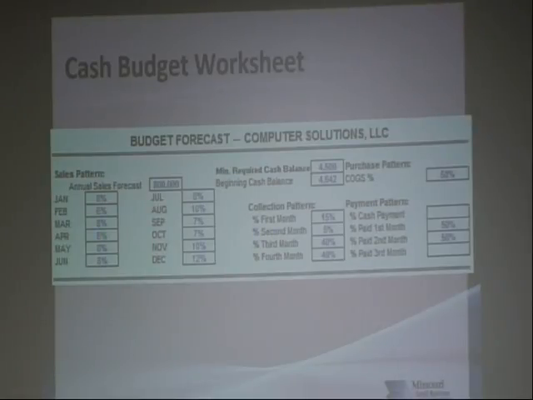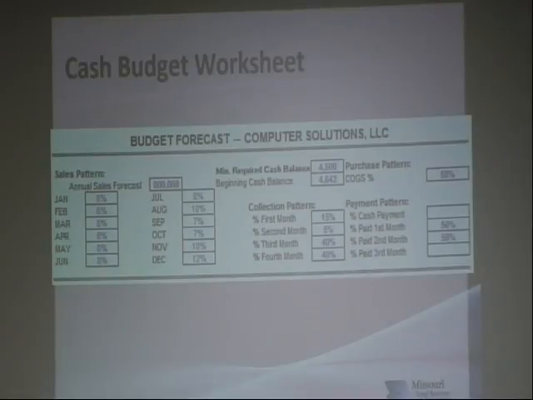If we were all that price sensitive, we'd pay the same price for everything. There would be no competition. It would be Cuba, a whole different environment. We are in a capitalistic society where it's competitive. So the only thing I have not described to you is that minimum required cash balance.